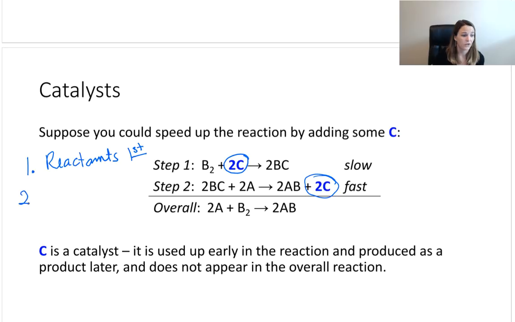So reactants first, and number 2, products second. So if you recall, from the last slide we saw intermediates were the opposite. They were produced first and then used up. I never touch an intermediate, ever. It doesn't happen. I touch catalysts all the time. And so I physically grab my catalyst and throw it into my beaker to allow for that reaction to occur. So catalysts are reactants first, products second.